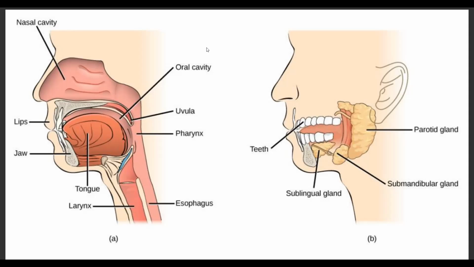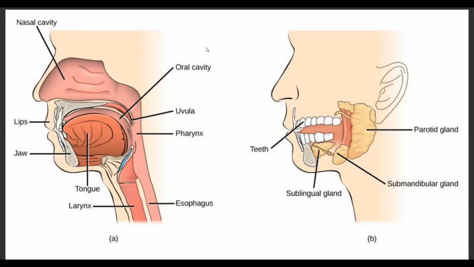Saliva secretion is under autonomic control. Next point. Stimulation of the sympathetic nervous system inhibits salivary secretion.